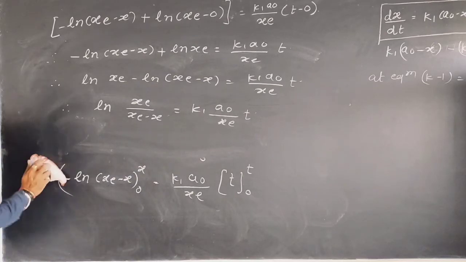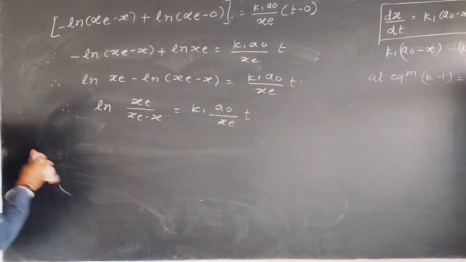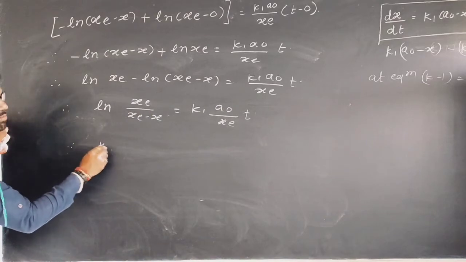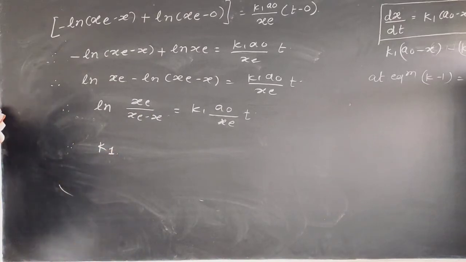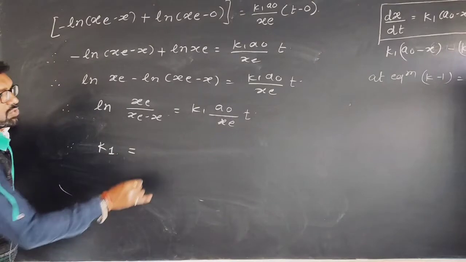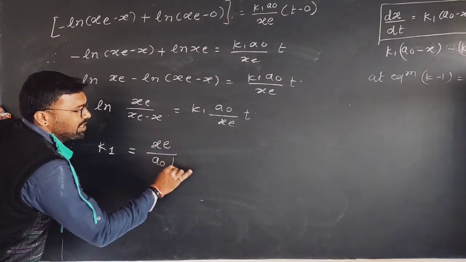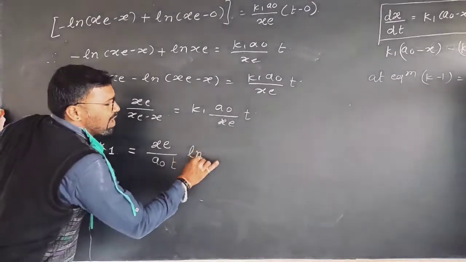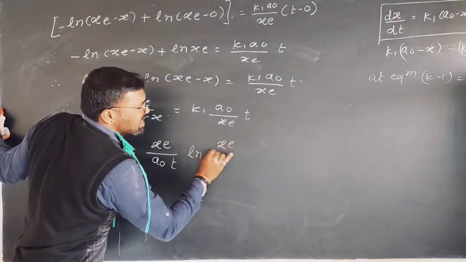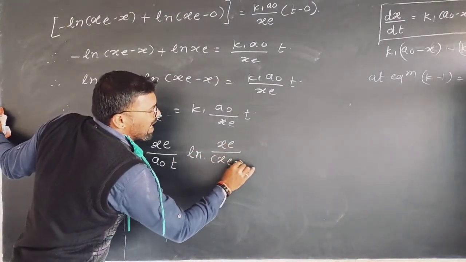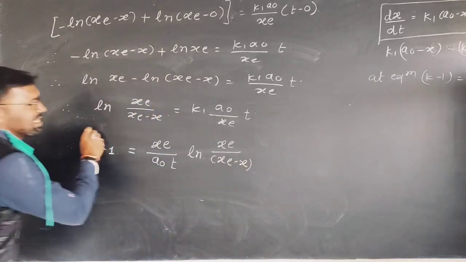Okay, then if you want to find the rate constant for the forward reaction, K1 is equal to Xe upon A0 into t into logarithm of Xe upon Xe minus X. This is the final equation.